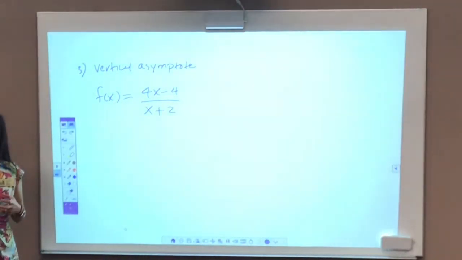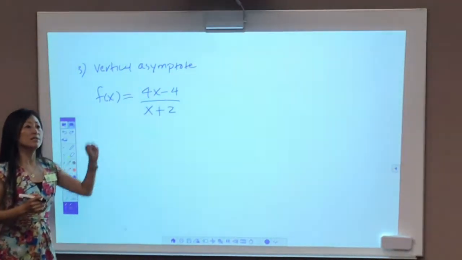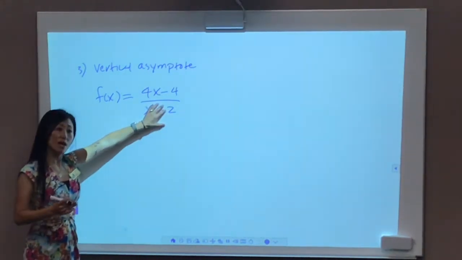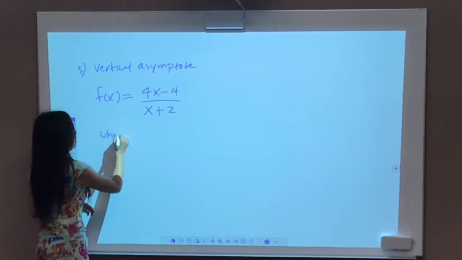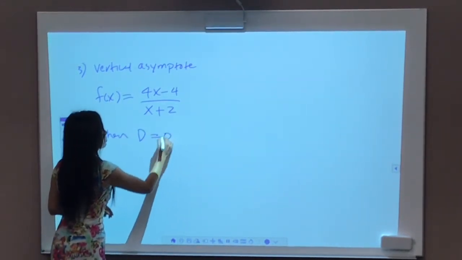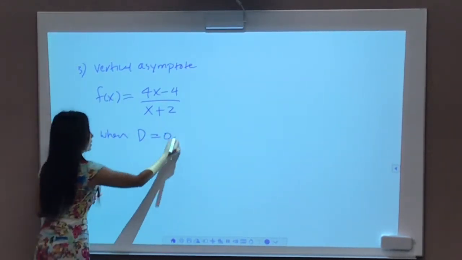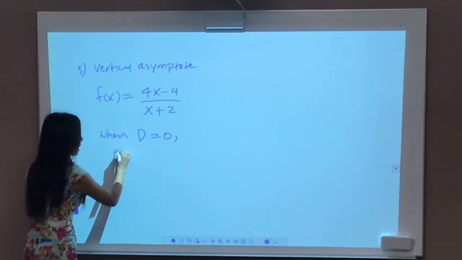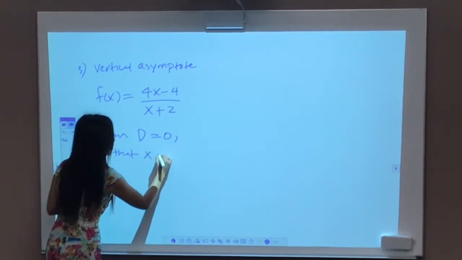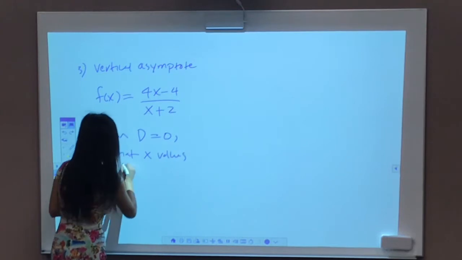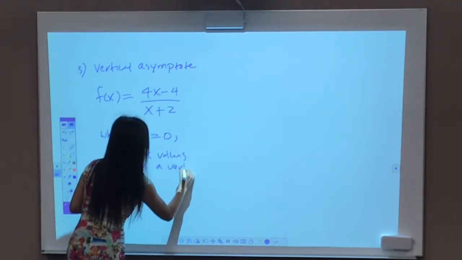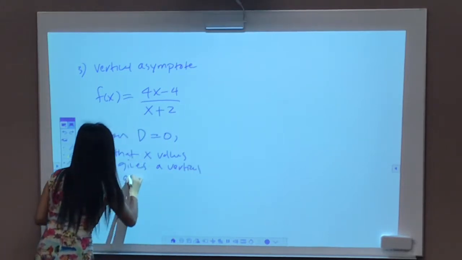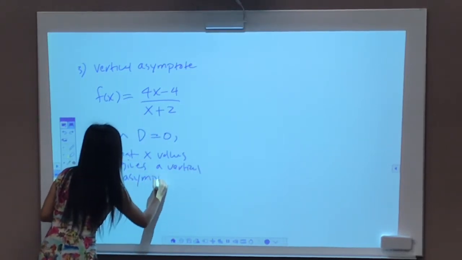A vertical asymptote. So when the denominator equals 0, what happens? That x value gives you the vertical asymptote.